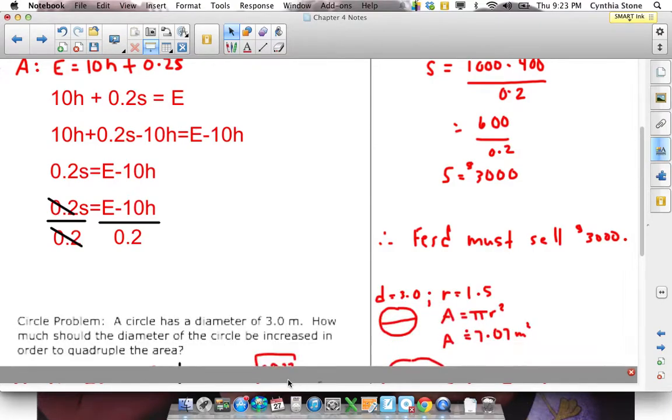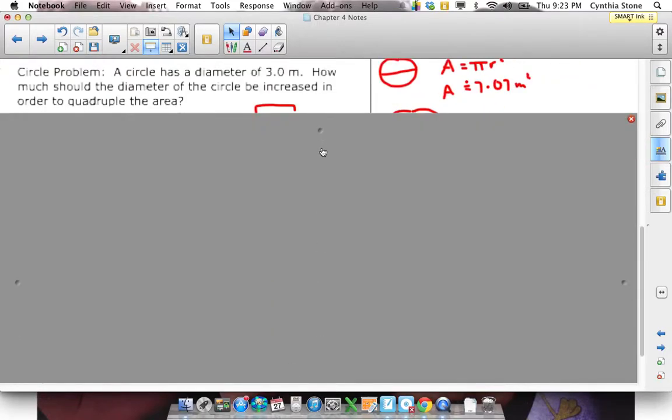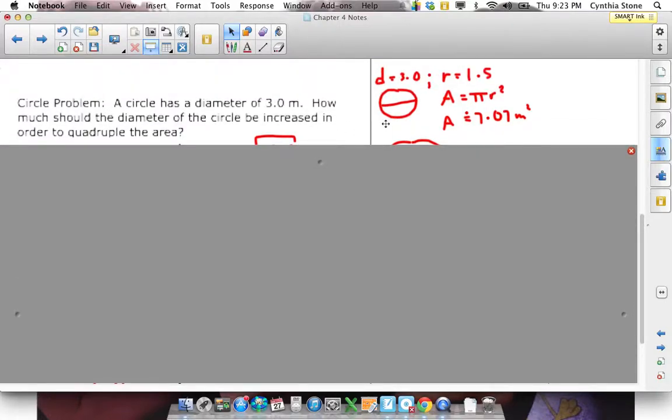Another example. This is with a circle. We have a diameter of 3 meters. How much should the diameter be increased in order to quadruple the area? This one's a tough one. But first you have to remember that area is pi r squared.